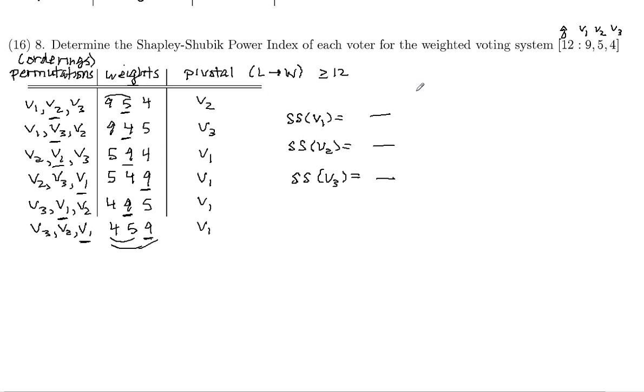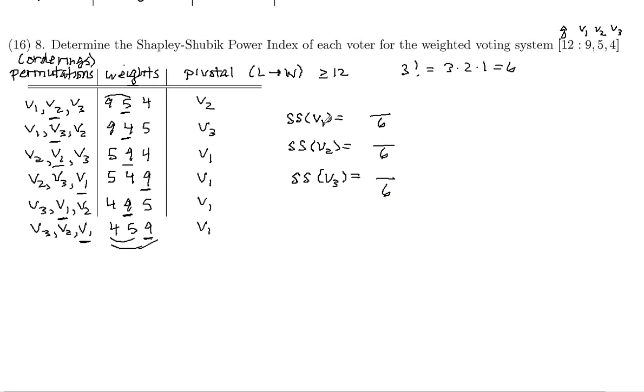There are 3 voters here, okay? So you do 3 factorial, which is 3 times 2 times 1, which is 6. And that's actually these 6 rows. That's what the denominator is. So this is 6, this is 6, and this is 6.